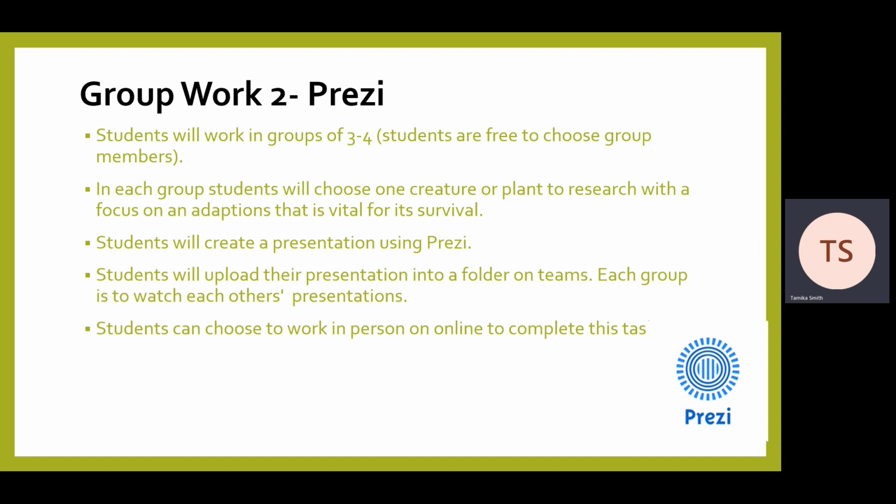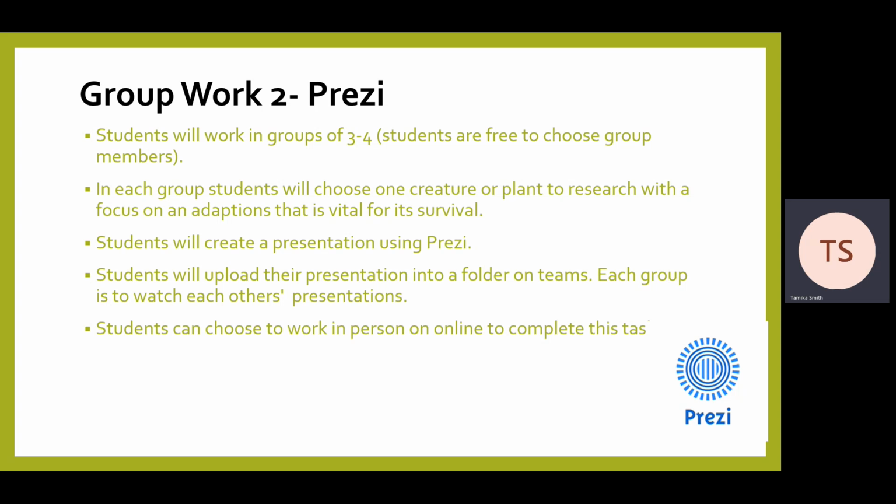A second group activity was conducted during lessons 4 and 5. This activity was conducted asynchronously, allowing for students autonomy and responsibility for their learning. Students will work in groups of 3 or 4. Students are free to choose group members. In each group, students will choose one creature or plant to research with a focus on an adaptation that is vital for its survival.